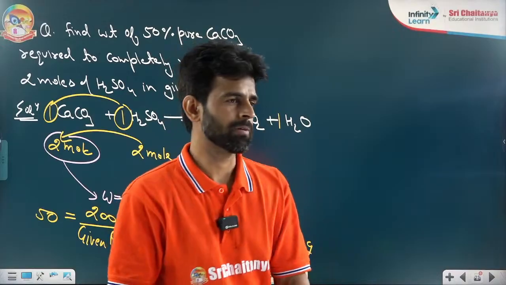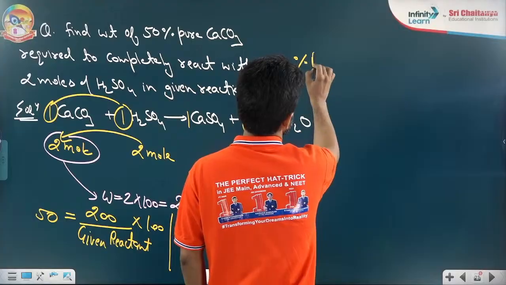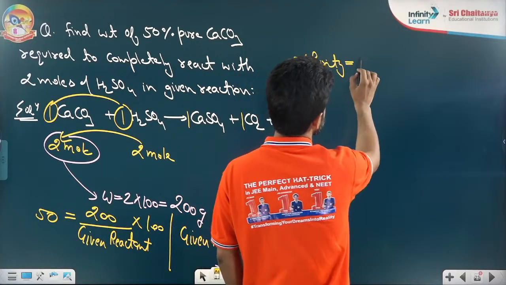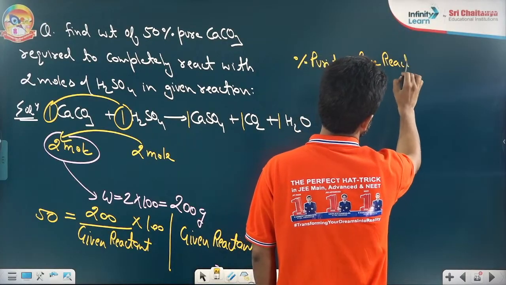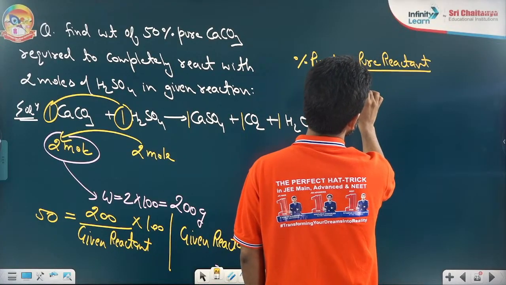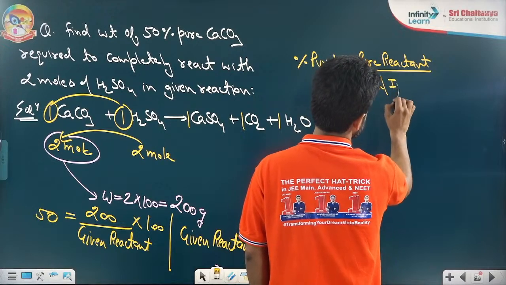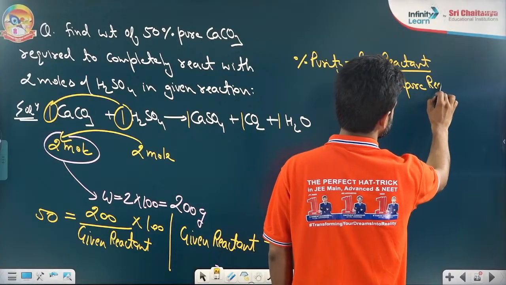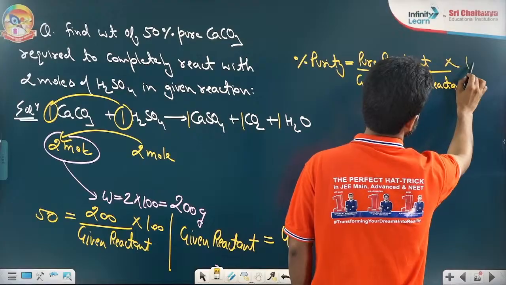Okay, good. I'm saying once again, percentage purity, you can write this way also. It is the pure reactant divided by the given, or you can say impure, because from the market we will buy it and we will get impure, into 100, right?